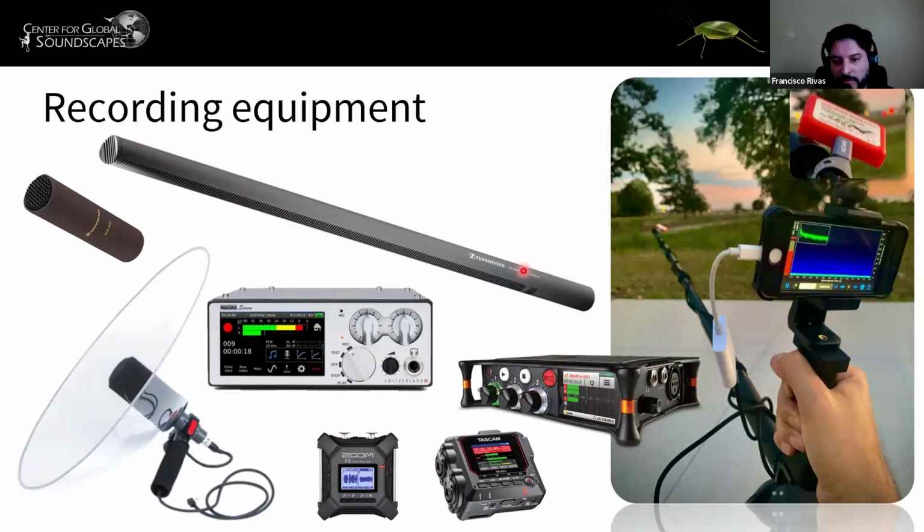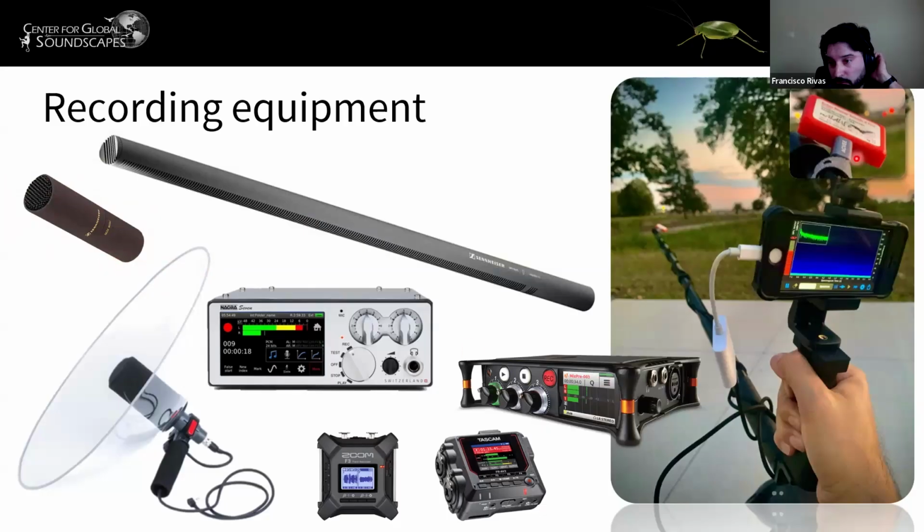The capsule of the microphone is here on the bottom, so the longer the shotgun, the longer the distance between the capsule and the insect, right? Even if you're very close to the insect, I was advised to use omnidirectional short microphones because you can place them at a shorter distance.